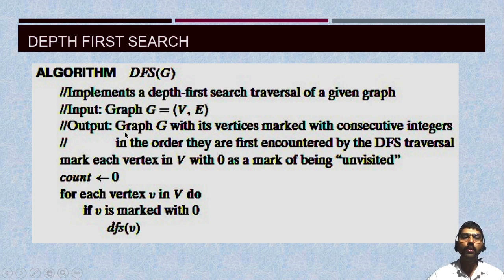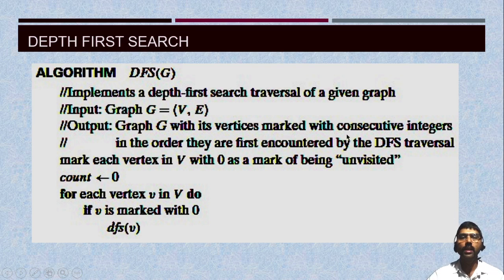And the output is graph G with its vertices marked with consecutive integers in the order they are first encountered by the DFS traversal. That means this output will return the order in which the vertices are actually visited.